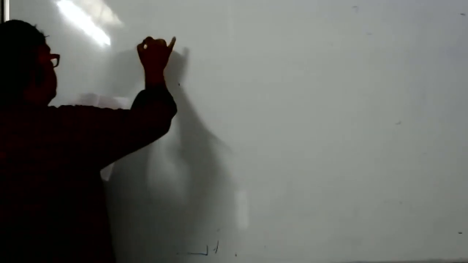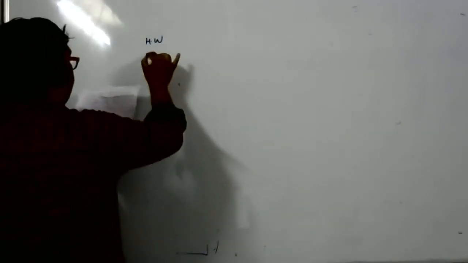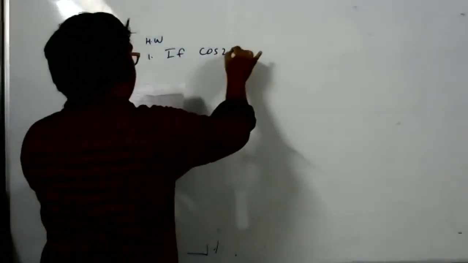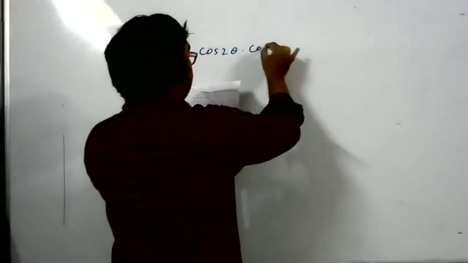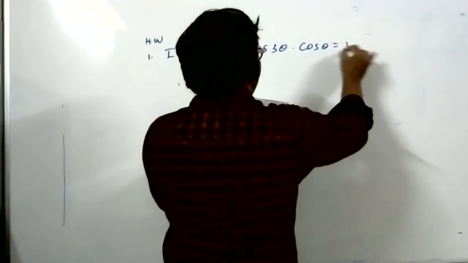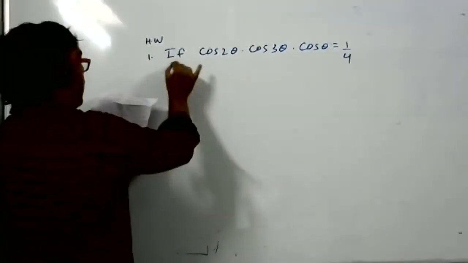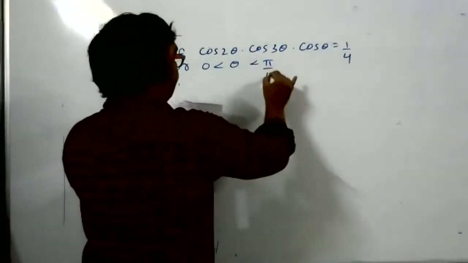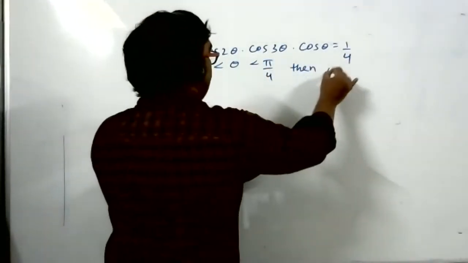Write homework sum. First sum, if cos 2 theta into cos 3 theta into cos theta is equal to 1 by 4 for 0 less than theta less than pi by 4, then theta is equal to what?